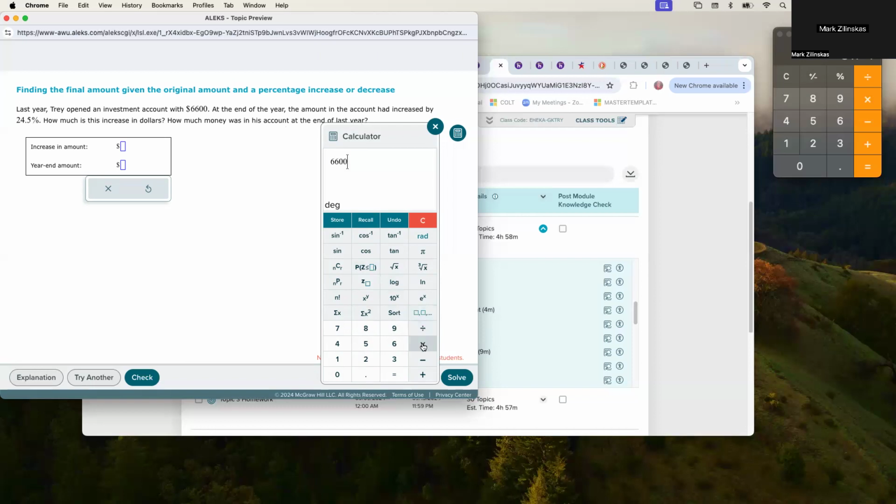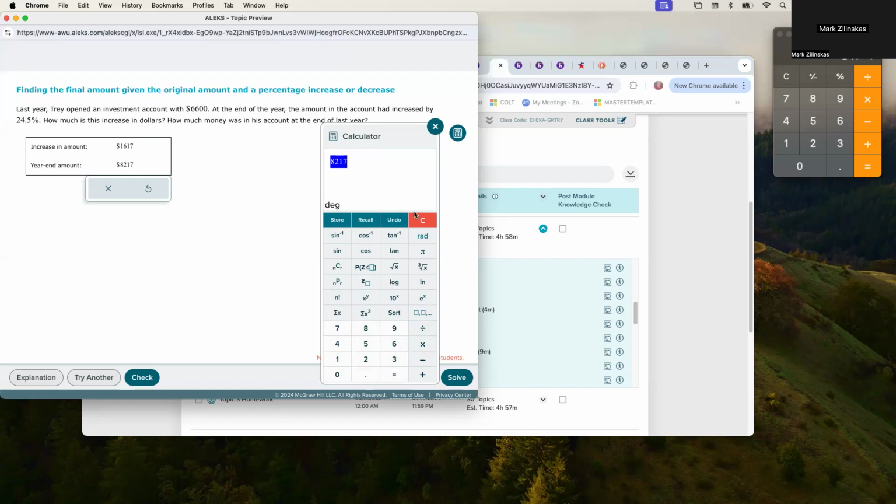If I multiply that by 0.245, that means the account has gone up by 1,617. I'll hit my solve button here. And then if I add that number to the $6,600, I'm going to get 8,217.